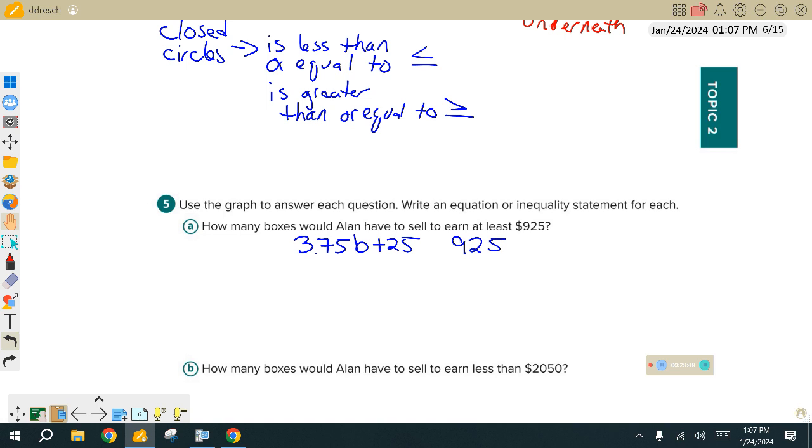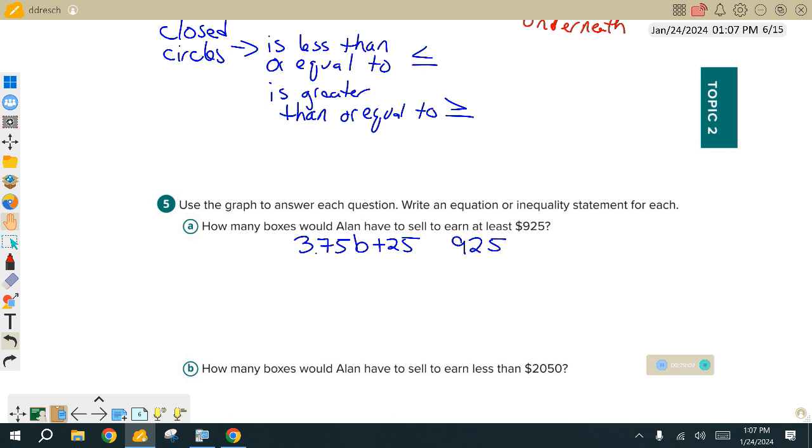His goal is $925. But it says he needs to earn at least. At least is not the same thing as an equal sign. At least is an inequality. So here's all of Alan's total sales happening. He needs to earn at least $925.